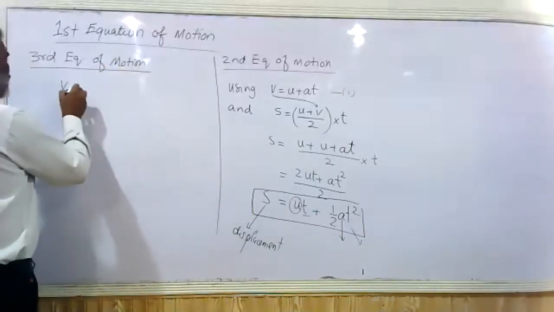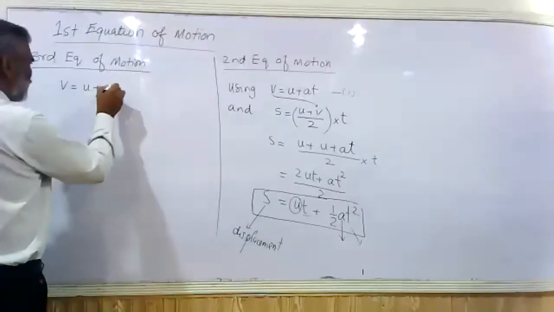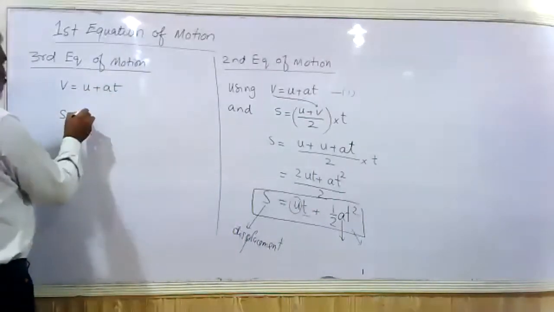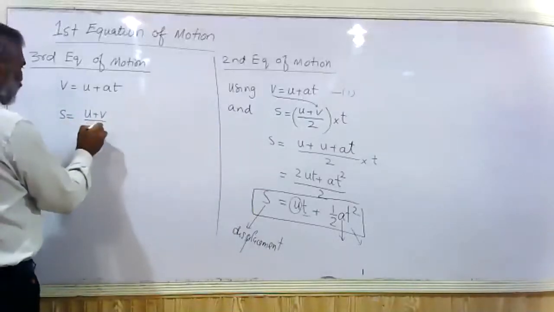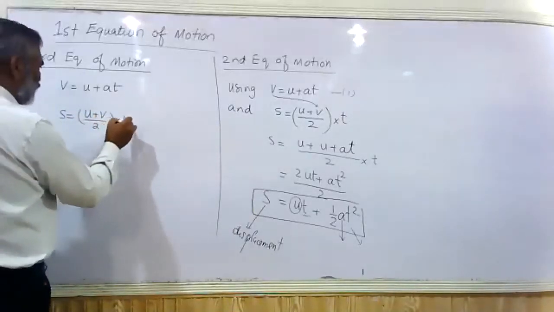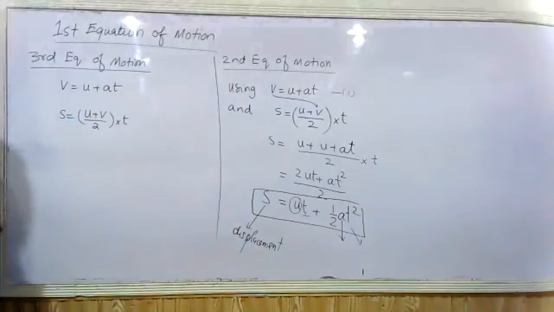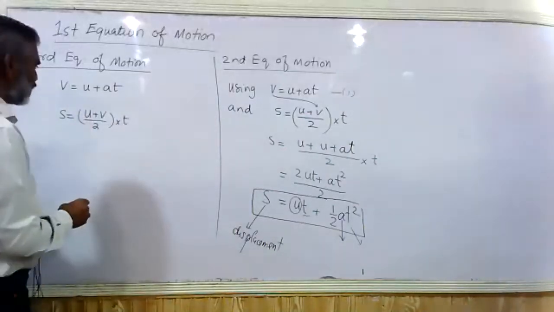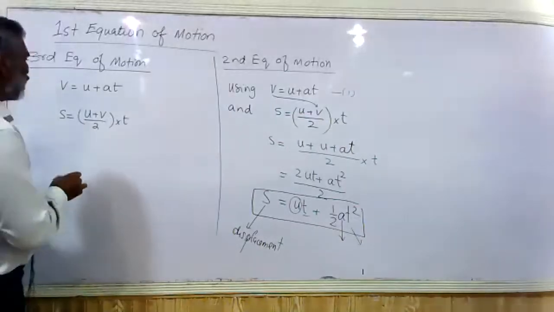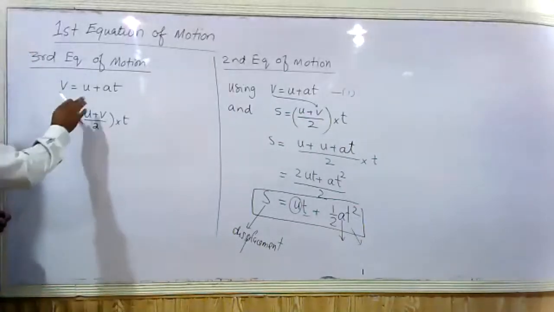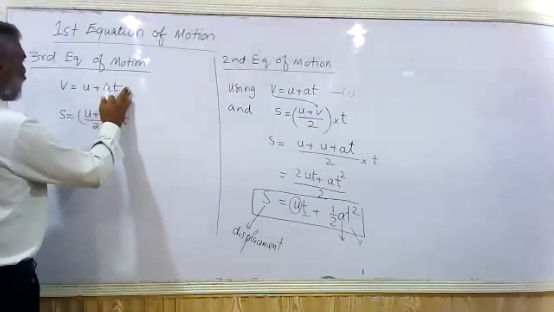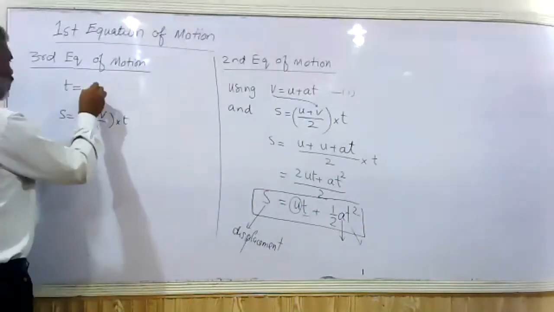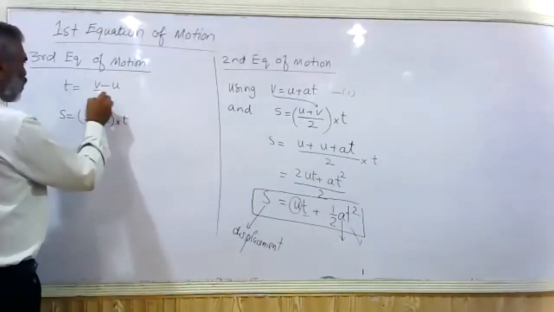Again, v is equal to u plus a t, and s is equal to u plus v over 2 into t. This time, instead of eliminating v from this equation, we eliminate t, and we go back to this equation and we rearrange, and when I rearrange this same equation, I get t is equal to v minus u over a.